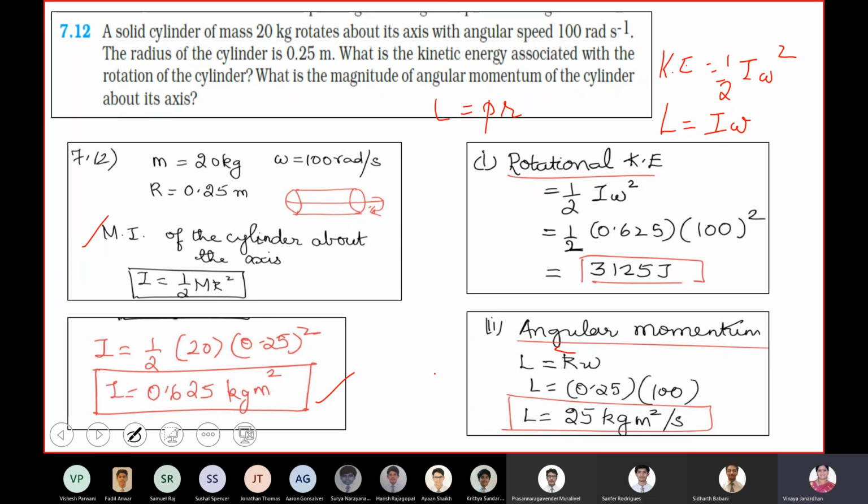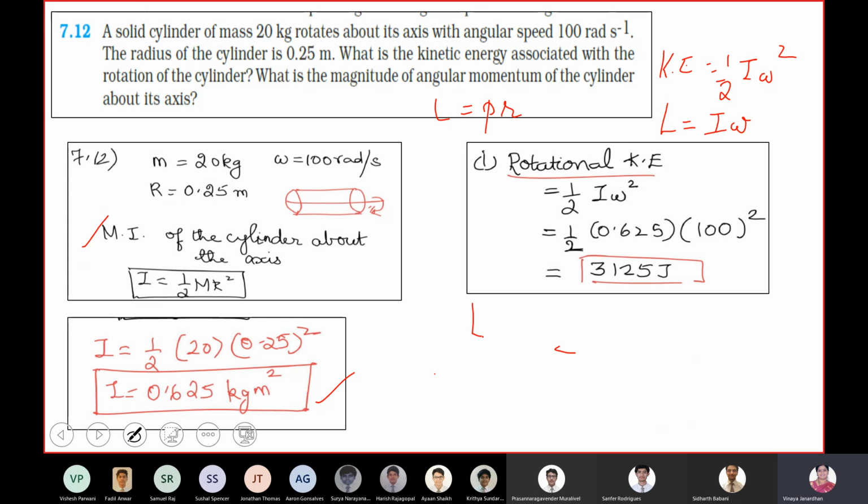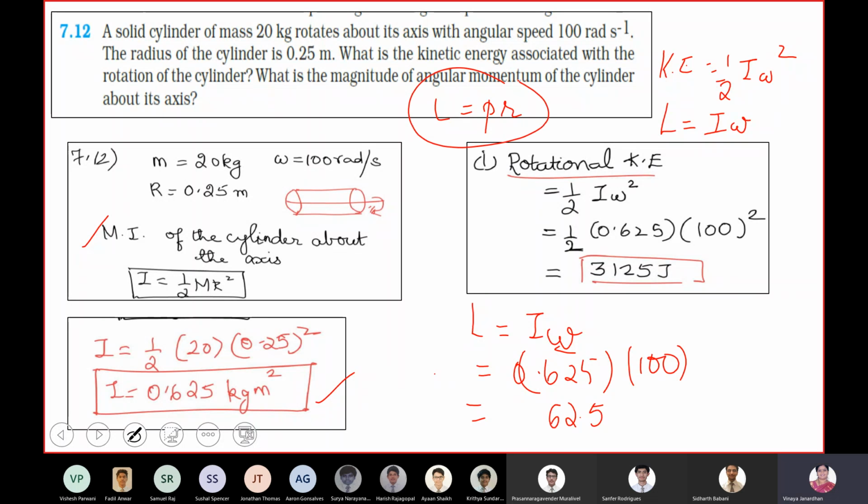Okay, so angular momentum L is equal to I omega. So I is 0.625, omega is 100. So it becomes 62.5. The SI unit is, look at the angular momentum. It is linear momentum into distance. Linear momentum is kilogram meter per second into meter.